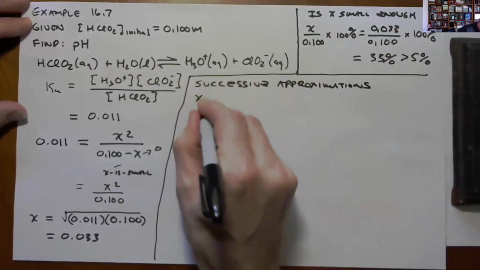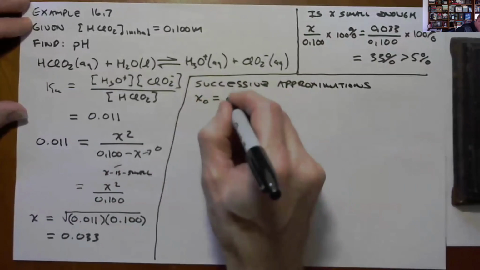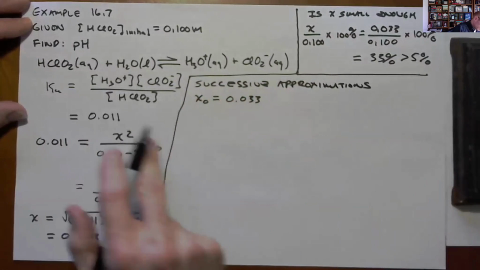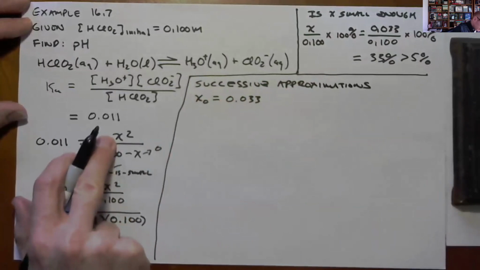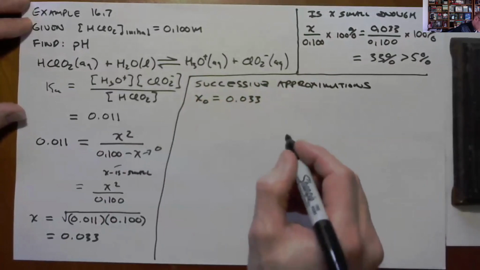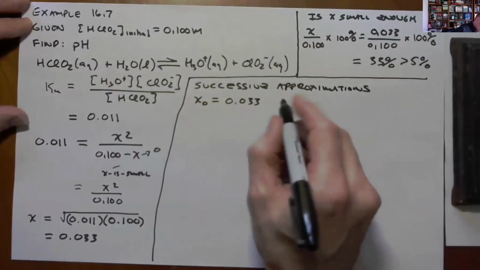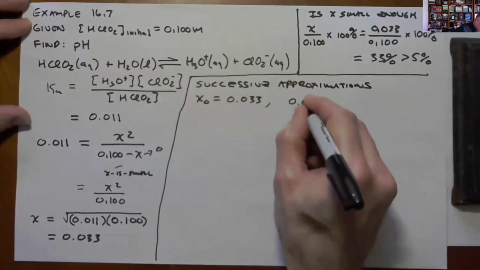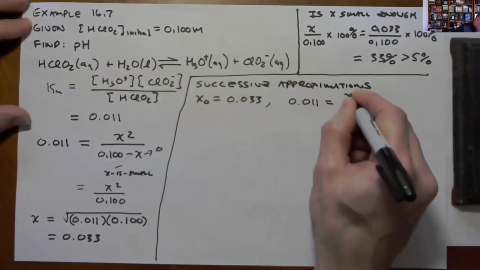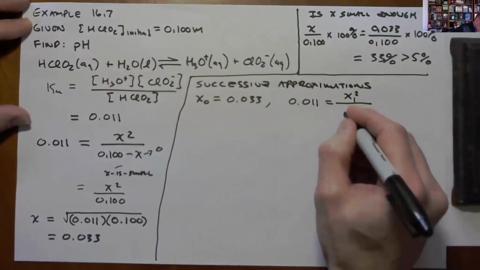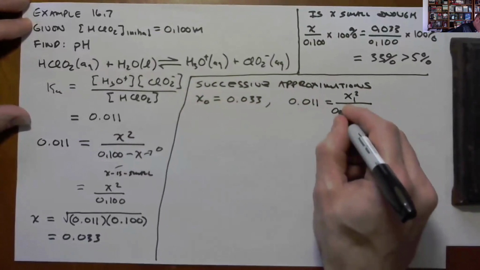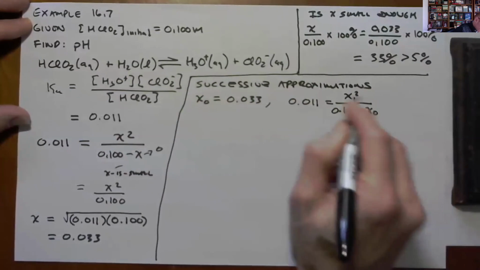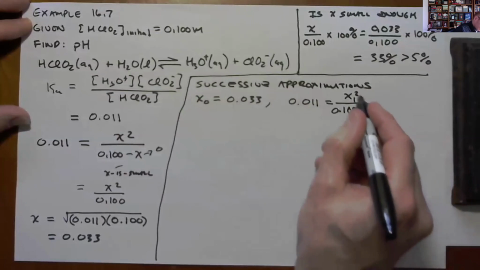So we'll now introduce X0. This is our initial guess under the X is small approximation. And now we're going to go back to this setup and we're going to solve for the next approximation. We're going to call that X1. So what we'll do is we'll just write out this setup, but now I'm going to write X1 squared over 0.100 minus X0, which is this value.